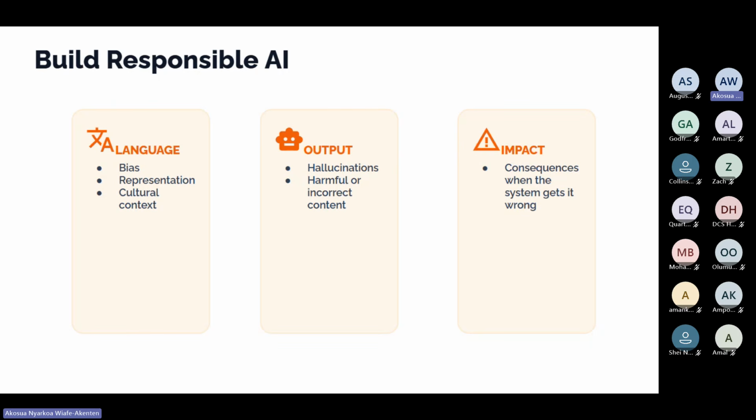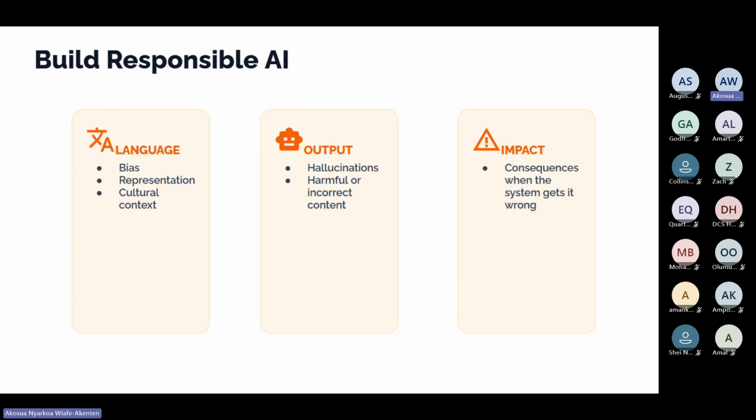You need to ask yourself some questions. What data are we using? How is the system representing the people in their language? Very important. What happens when the system is wrong? And what are the consequences of the model getting the responses wrong?